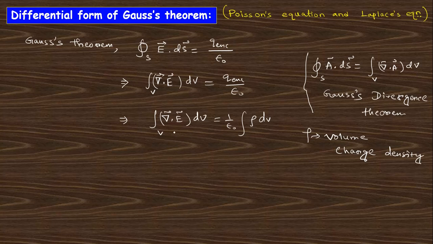So just compare both sides. If you compare both sides, you can write that divergence E is nothing but rho by epsilon naught. Clear?